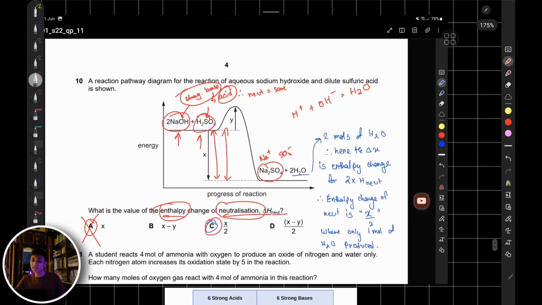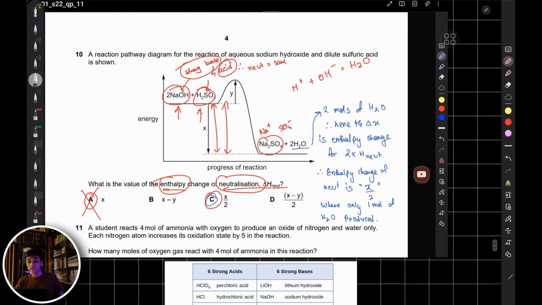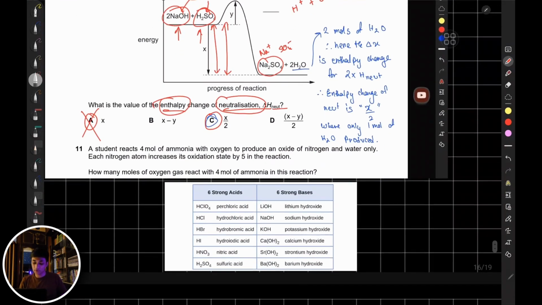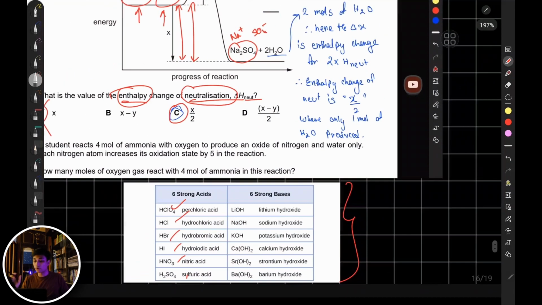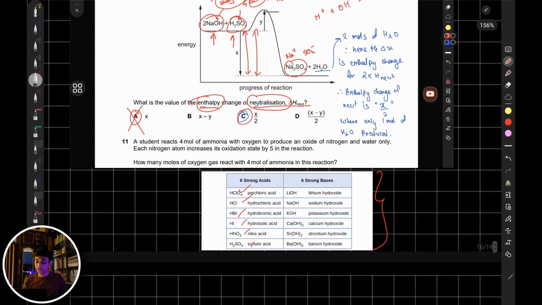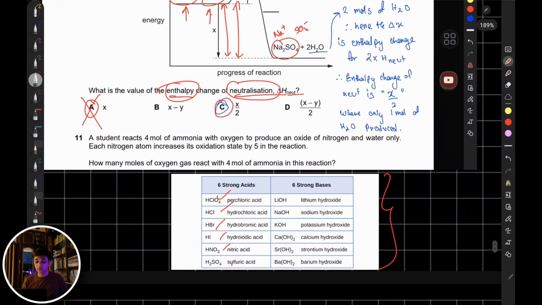So if you take any other example other than NaOH and H2SO4, the enthalpy change of neutralization would still be the same. So I'm given a table over here. These are strong acids, and these are all strong bases. So if these react, the enthalpy change of neutralization is going to be the same, regardless of which one you're reacting.